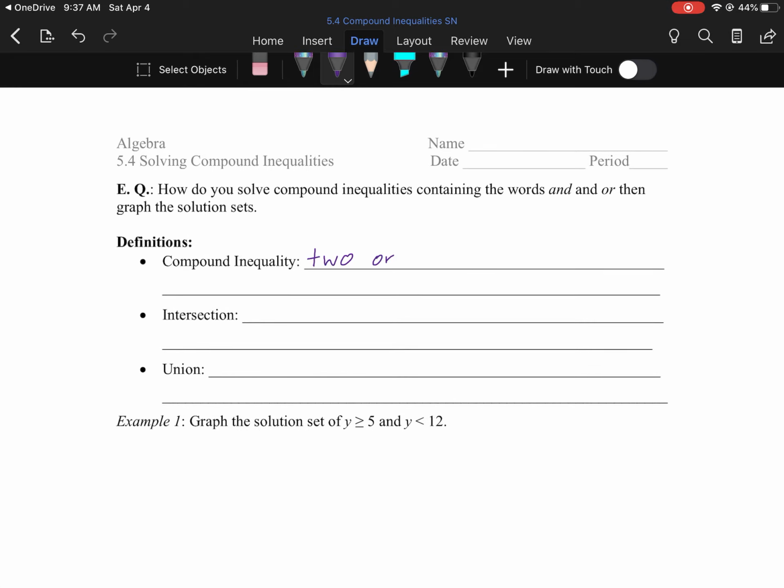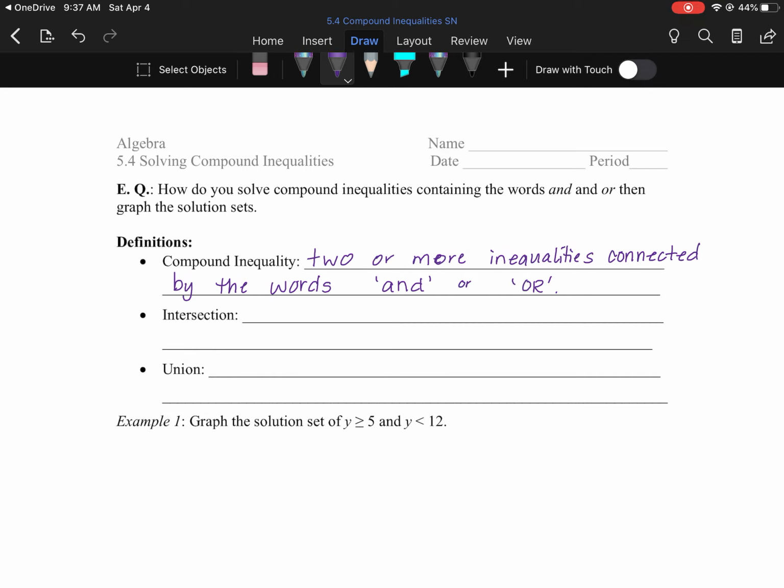It is two or more inequalities connected by the words "and" or "or." Okay, so there are two ways to make a compound inequality, by the words and or.